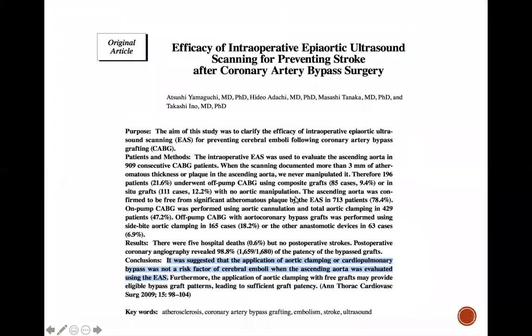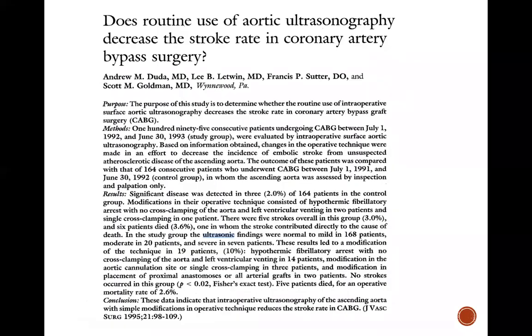In many papers you can see the efficacy of intraoperative epiaortic ultrasound, and that it can change your strategy intra-op. It's proven in many papers that it will decrease the percentage of stroke for those patients.